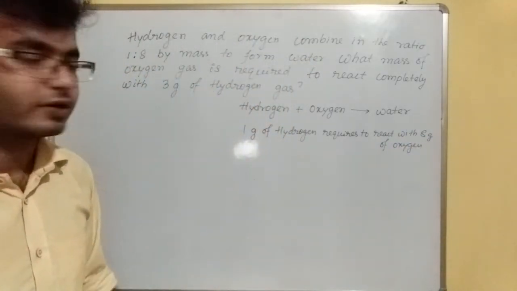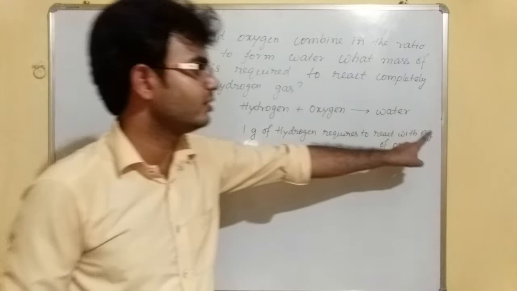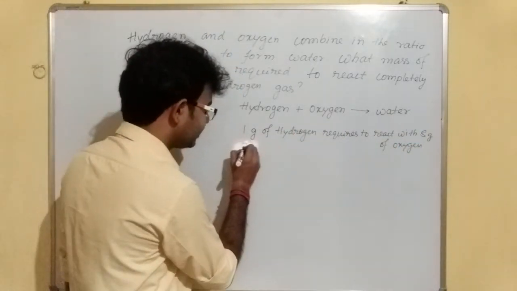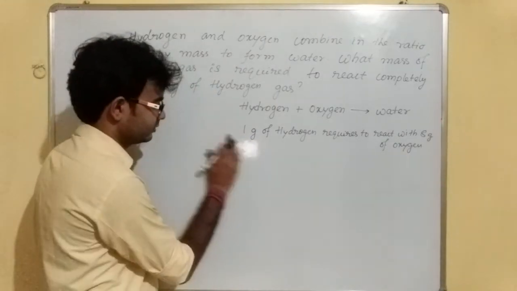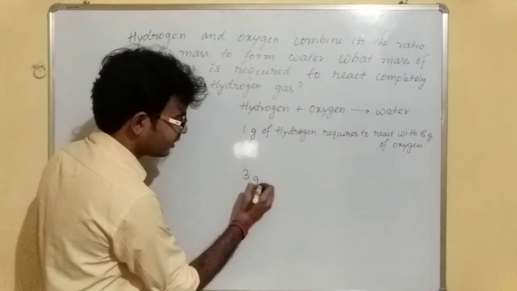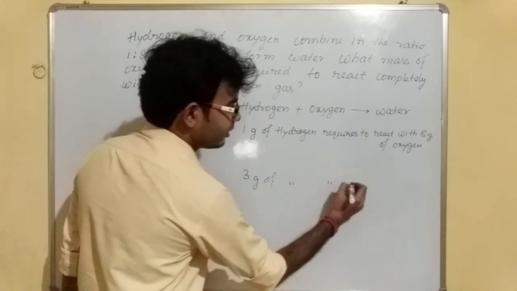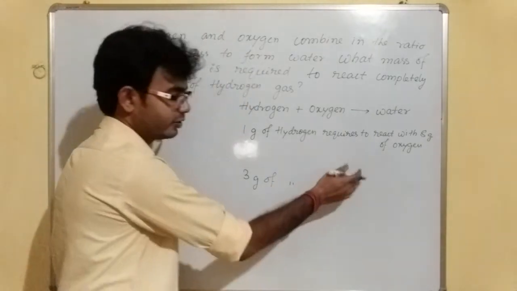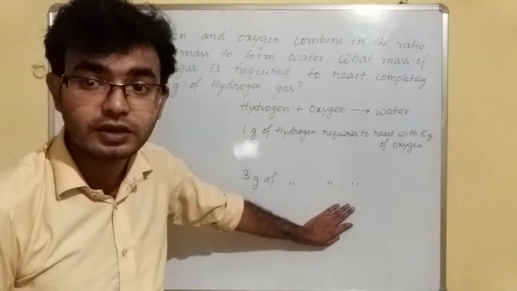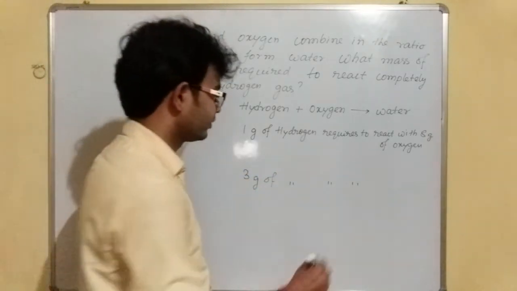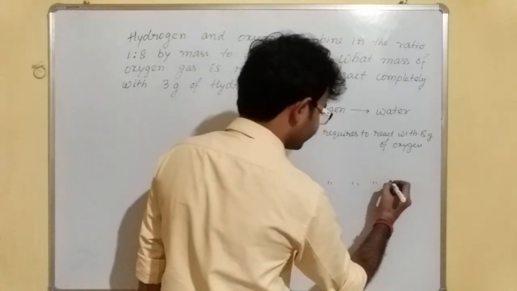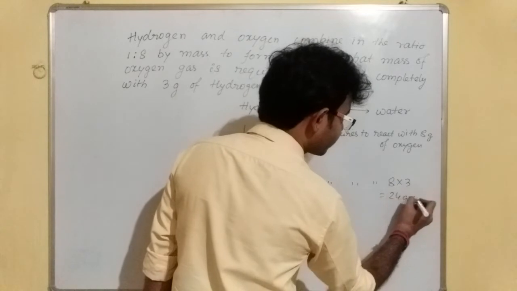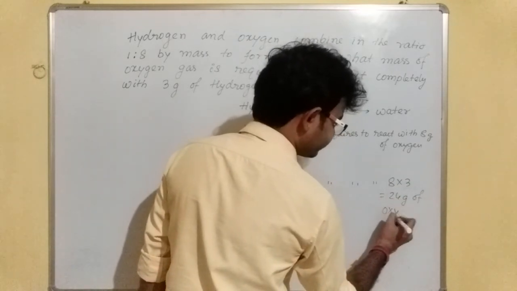Okay, 1 ग्राम हाइड्रोजन को 8 ग्राम ऑक्सीजन के साथ रिएक्ट करना है टू फॉर्म वाटर. सो 3 gram of hydrogen requires to react with, ठीक है, 8 into 3 that is 24 gram of oxygen.